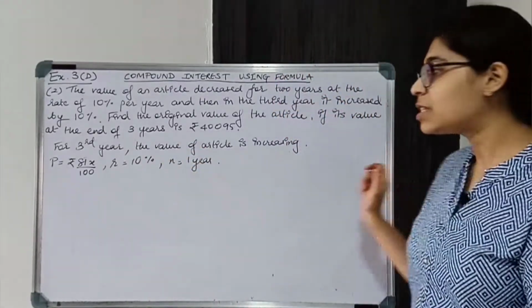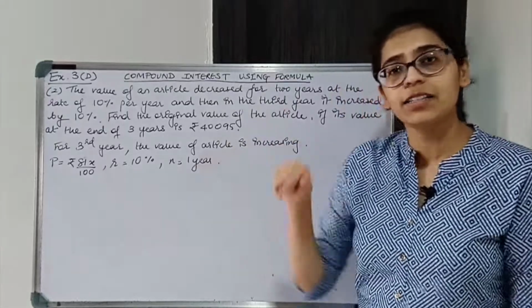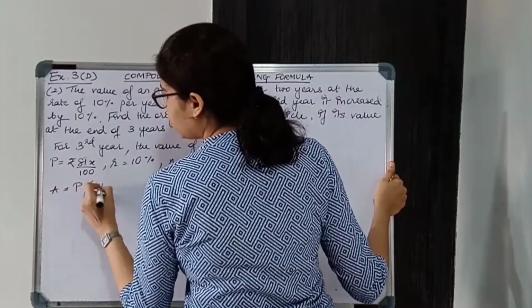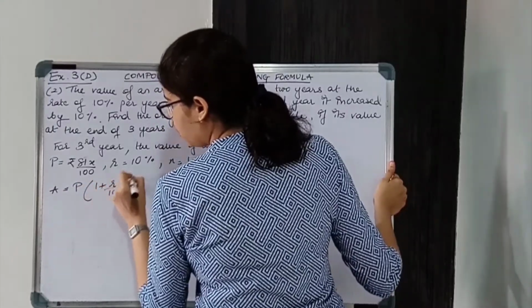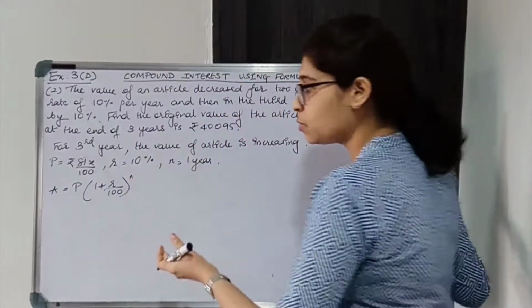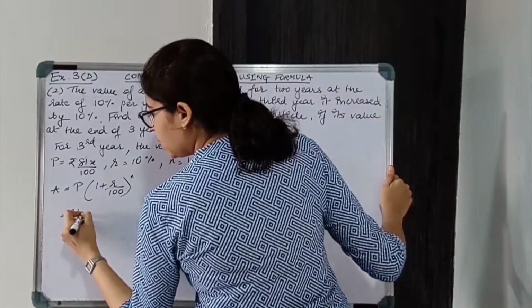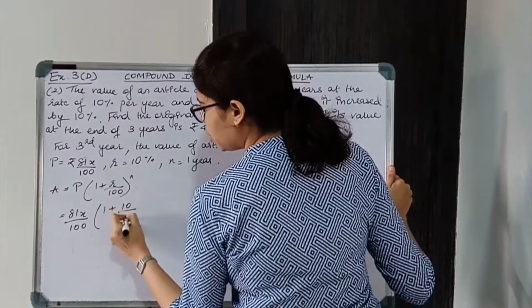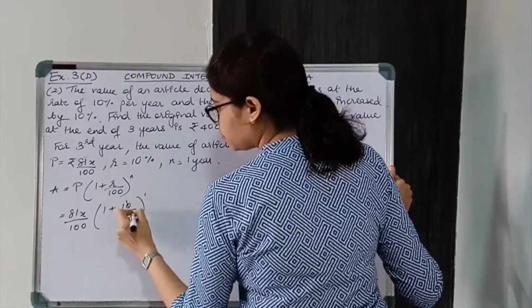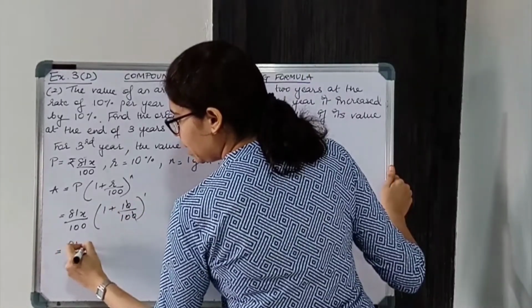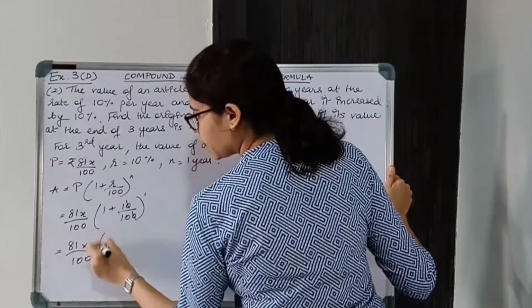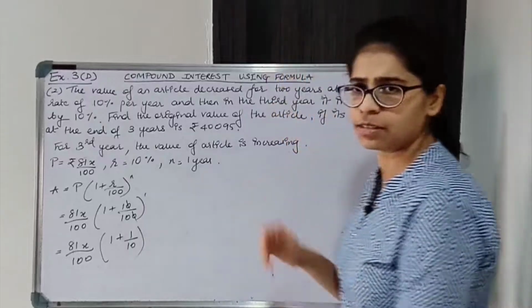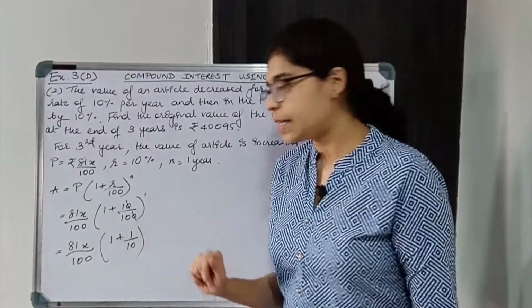Now since the value is increasing, you will add the rate percent. So A is equal to P into 1 plus R upon 100 raised to N. Now substitute the values. So 81x upon 100 into 1 plus 10 upon 100 raised to 1. So 81x upon 100 into 1 plus 1 upon 10, raised to 1 you don't need to write. Now let us take LCM.